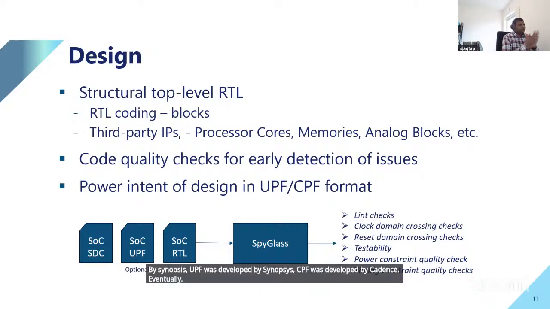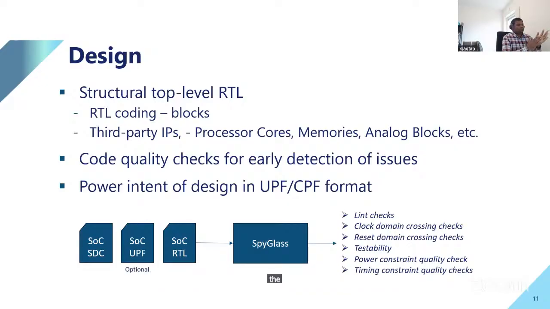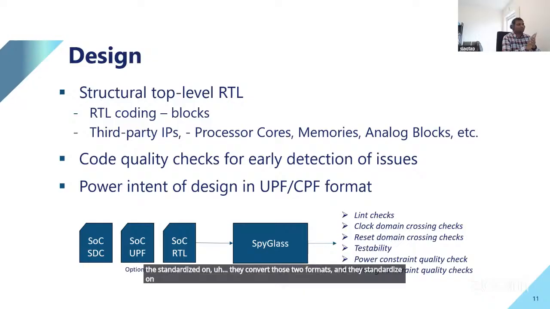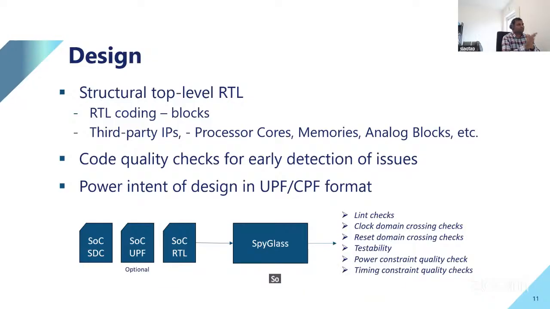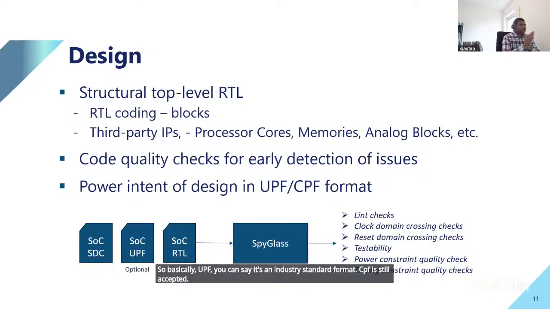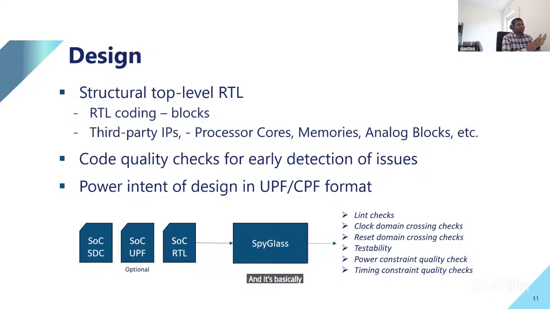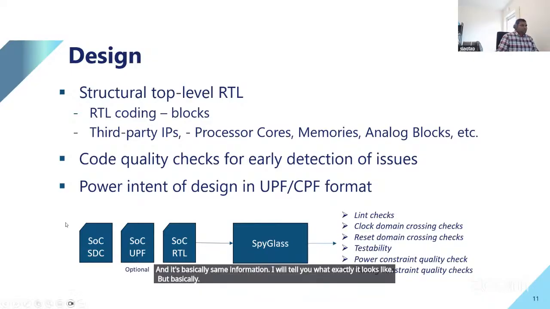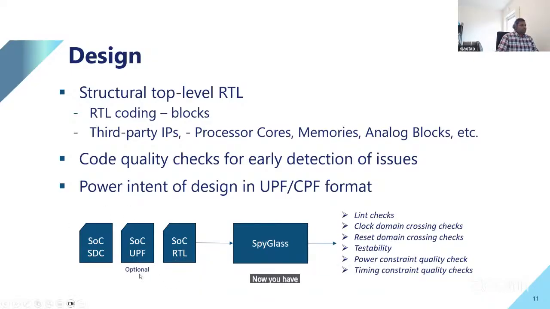Eventually they converted those two formats and standardized on UPF. So UPF is the industry standard format. CPF is still accepted, and it's basically the same information. I will tell you what exactly it looks like. But basically, now you have your RTL code, the power structure of that chip, and the timing information of that chip. That's what you need.